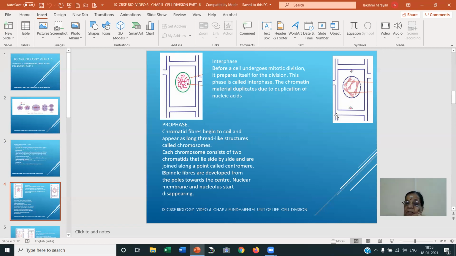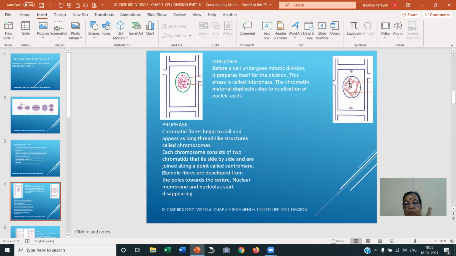Then in the early prophase, we see the uncoiling of the chromosome. The chromosomes become thicker, clear, and long thread-like structures, and each chromosome consists of 2 chromatids. The 4 chromatids, from the lengthwise splitting, lie side by side.